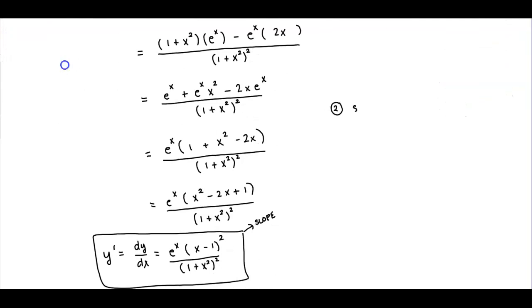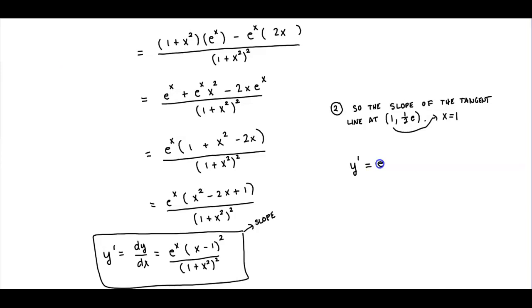So we can say the slope of the tangent line at 1 and then 1/2 e. So we're going to use the fact that x is going to equal 1, and then we're going to plug it into the derivative function.